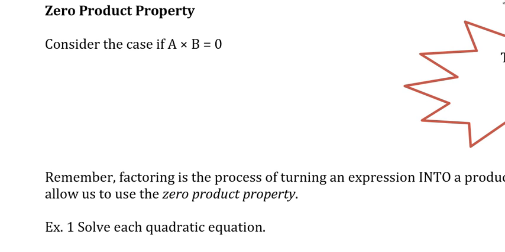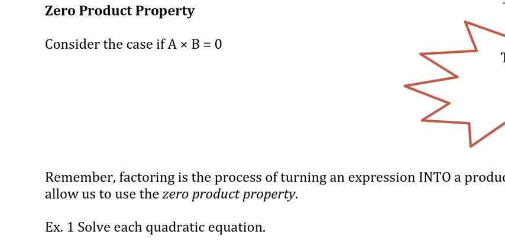So consider this. We have some unknown A and another unknown B. We don't know what they are. They're variables, capital A, capital B, just like x. And you multiply them together and you get 0.